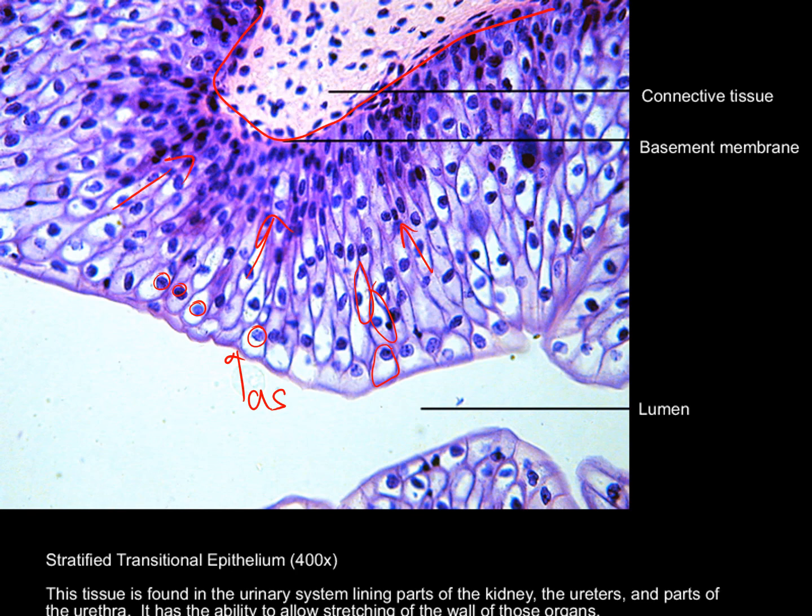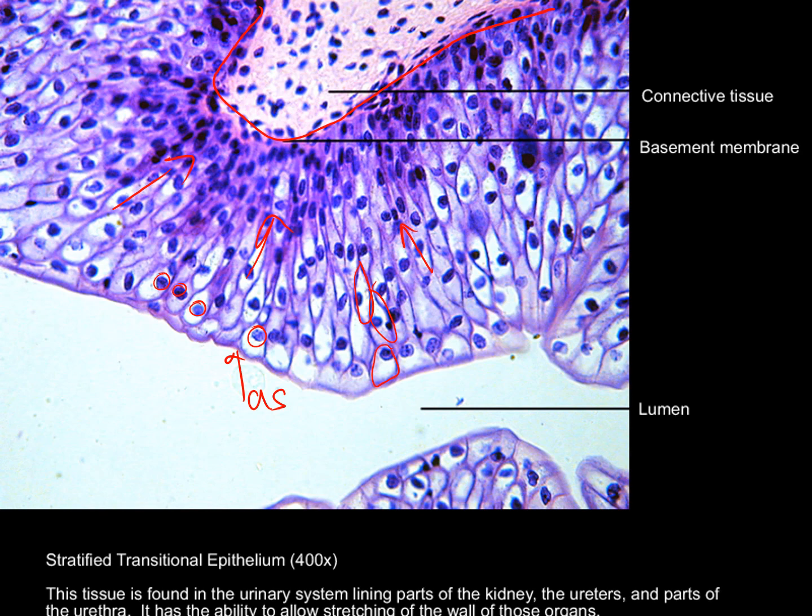Now this tissue is great for distension or stretching. Okay, and it's found in the urinary system. So like I said, simple columnar, common in the digestive system. Pseudostratified columnar is common in the respiratory system. And this tissue, transitional, is common in the urinary system. It lines the ureters, which connect your kidneys to your bladder.